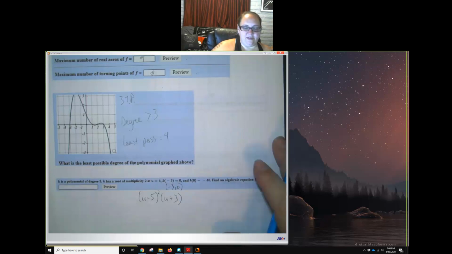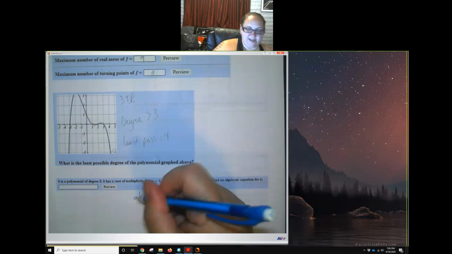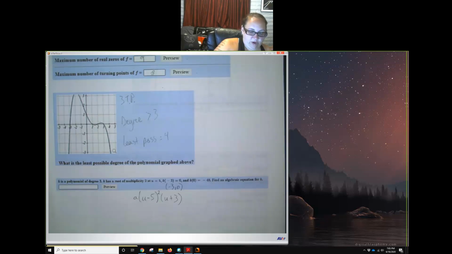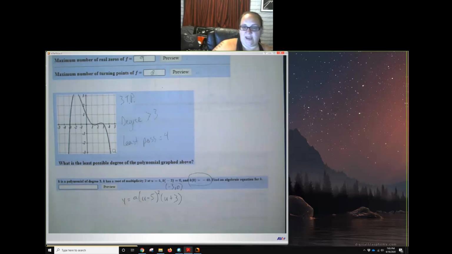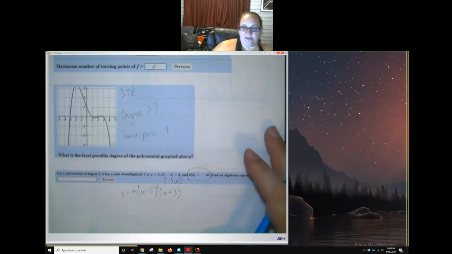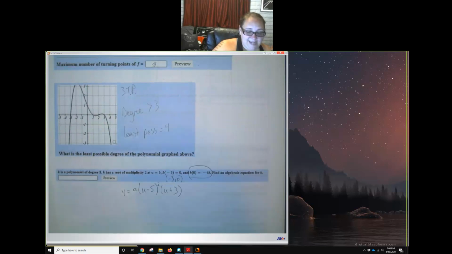And now the only other thing I need to know is my leading coefficient. So we're going to do the same thing that we did before with the quadratics, and use this other point that they gave me to figure out what my a value is. So here, when I plug in 0, I should get negative 48.